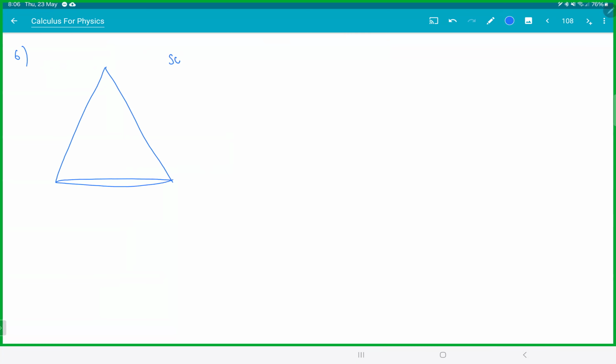We have a solid cone. Radius is r. Height is h. Find the volume using integration.